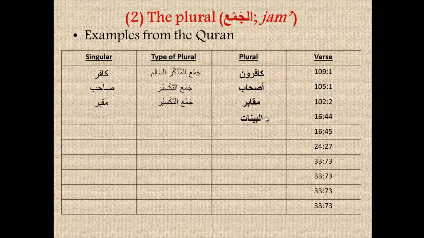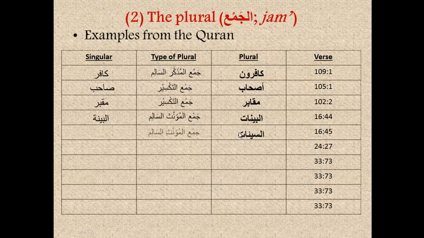In surah number 16, verse 44, this is surah An-Nahl, I believe, we have the verse bil-bayinati wa-zubur. Al-bayinat, we hear the at that tells us it's a jam' al-mu'annath al-salim, a sound feminine plural. And to recover the singular, we drop the alif and the ta, we add ta marbuta to get al-bayina. In the next verse of the same surah, we have as-sayyi'at.